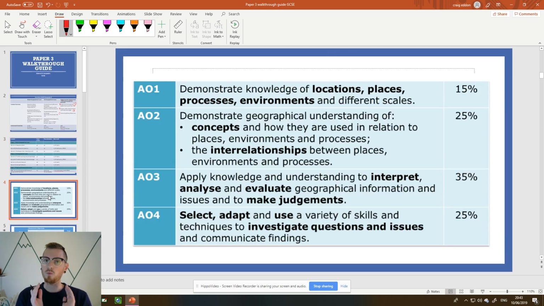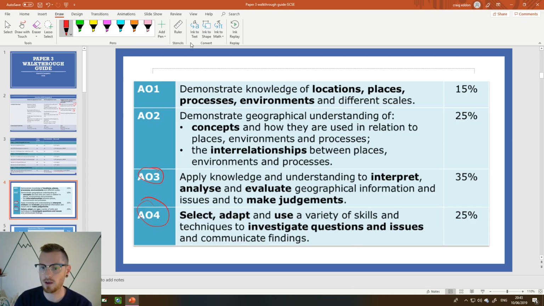We've looked at the AO1 to AO4 breakdown on our previous two paper walkthroughs. This paper concentrates largely on AO3 and AO4, very similar to Paper 2 in that respect. So AO3, if we've forgotten, is all about you applying your knowledge and understanding, not just regurgitating what you know, but applying it.